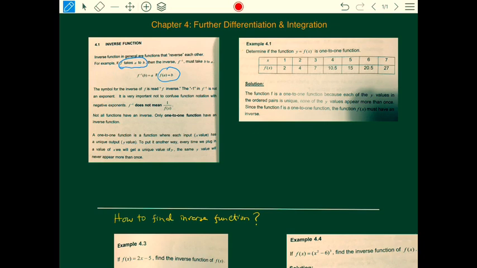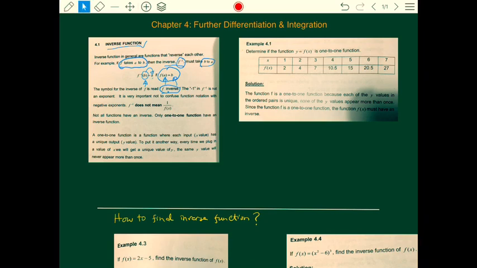So if a value takes you to the answer b, the inverse, which we call f inverse, must take b to a. The output b will map back to the value of a, which is the x value. So that is what an inverse function is.